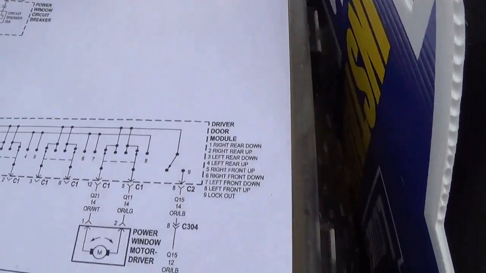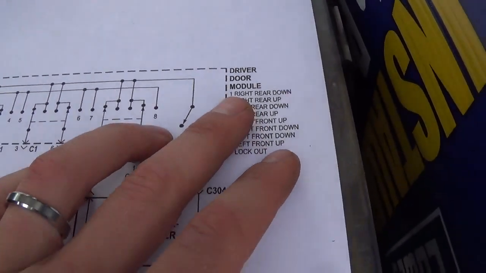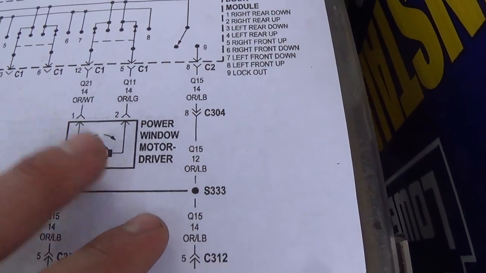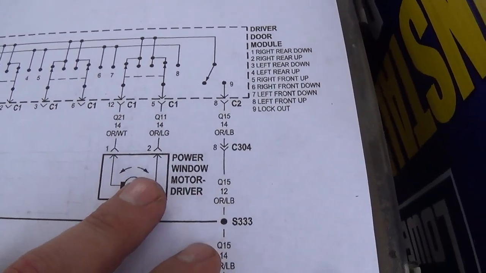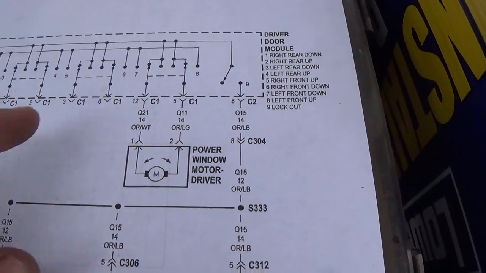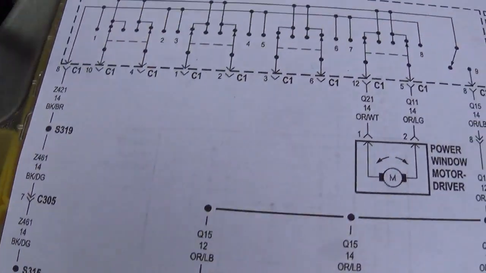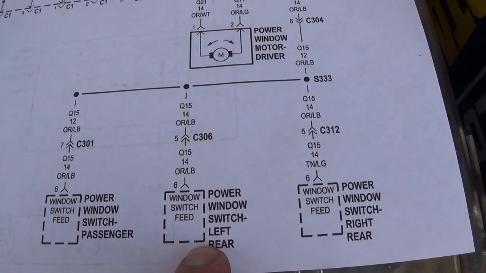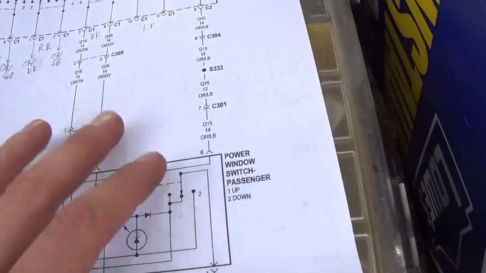So let's see here. There's a main power feed going to the driver's door module. There's the driver's side window, driver's door window. That works perfectly fine. And then the other 3 are the other 3 windows here. So we're interested in the left rear, and I didn't want to print out 5 pages here.